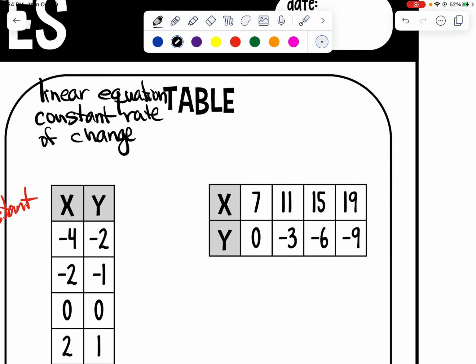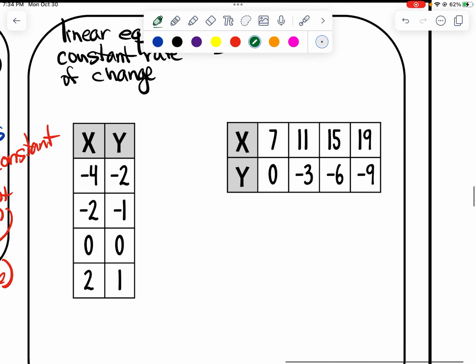Has to have a constant rate of change. So when we're looking at this, this went up by 1. This went up by 1. This went up by 1. It doesn't always have to go up exactly the same on one side, but it does have to be constant in what it does go up or down by.